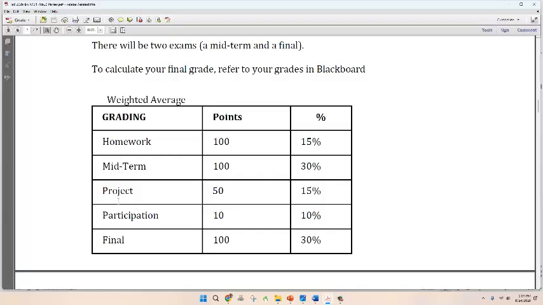Then a project. You'll hate the project, but it actually does some good. It's a financial plan that's completely tailored to you. So we'll talk much more about that. But the problem that people have is that you have to show some initiative and tailor it directly to you.